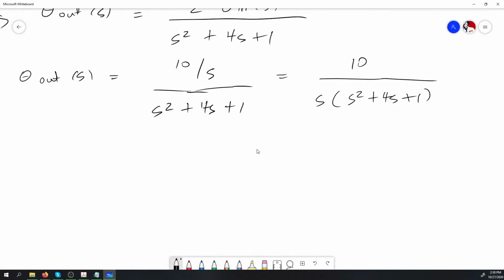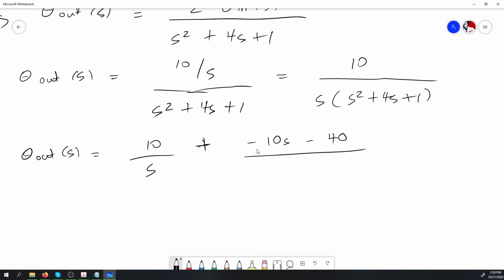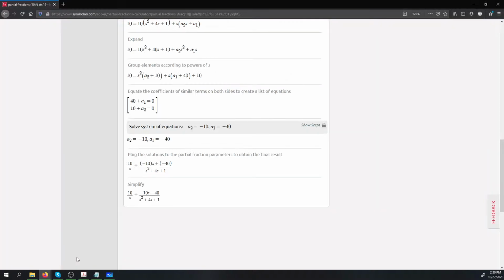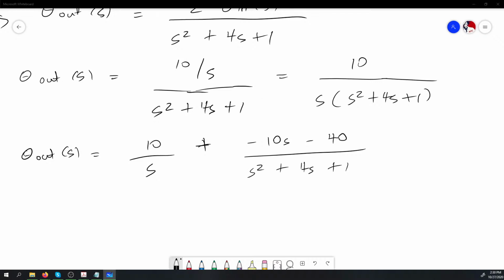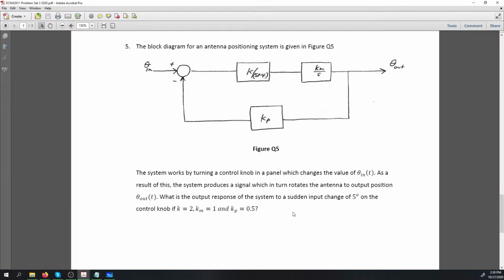Theta out of s is 10 on s minus 10s minus 40 over s squared plus 4s plus 1. Let me just check back the question here. Alright, we need this answer in terms of time. Okay, nice.